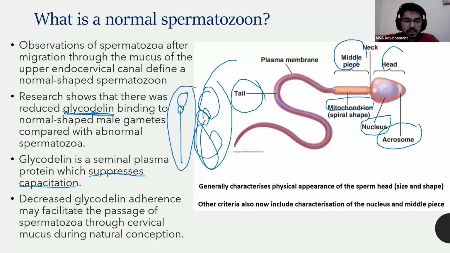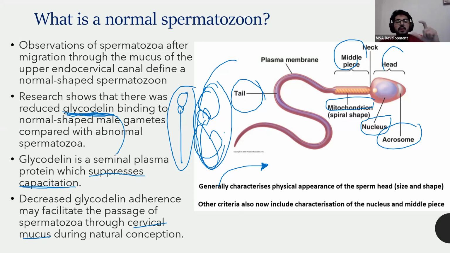What's the significance of this protein? So let's imagine that now the sperms are inside the female genitalia, and they want to go through the cervical mucus, okay? They need capacitation to start at that point. However, these abnormal sperms have a lot of glycodelin attached to them, and this glycodelin is going to prevent them from undergoing capacitation.